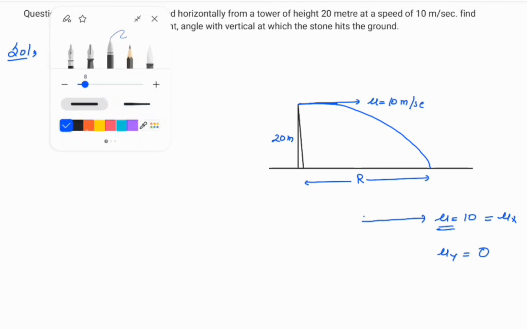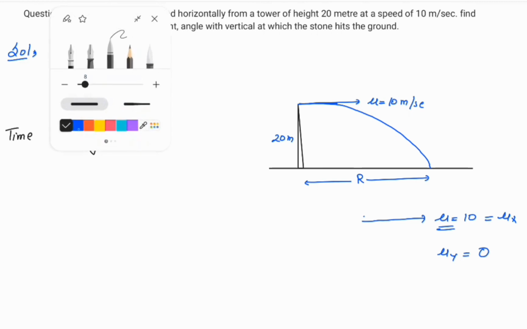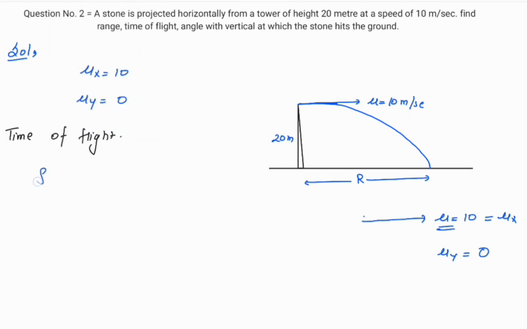Now find the time of flight. To calculate the time of flight, we use the second equation of the vertical case. s of y will be equal to u of y t minus half g t square. What is the s of y?